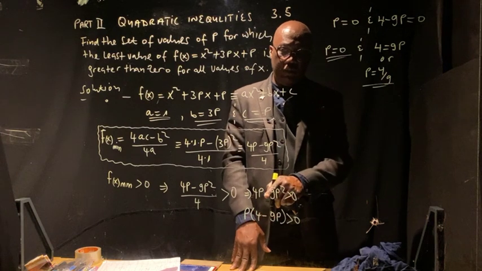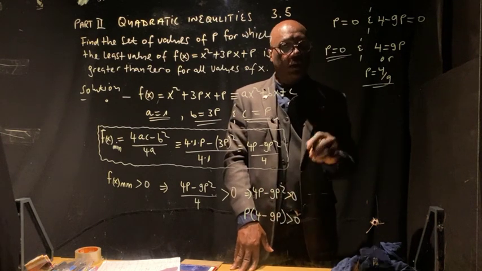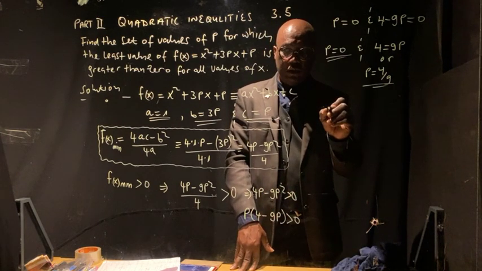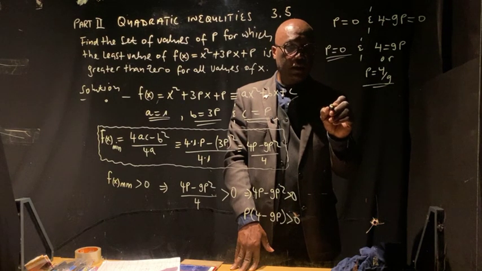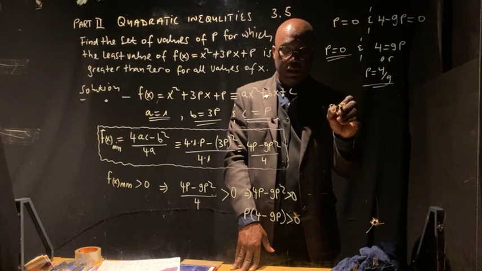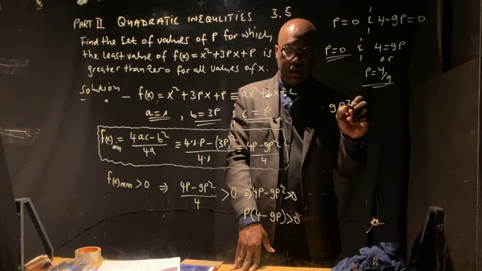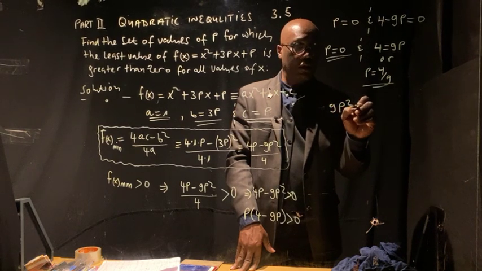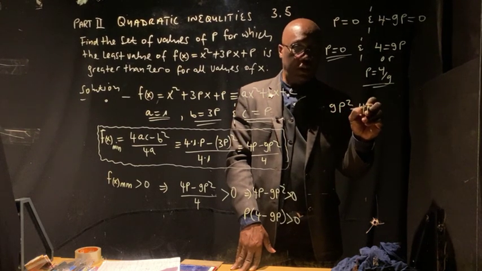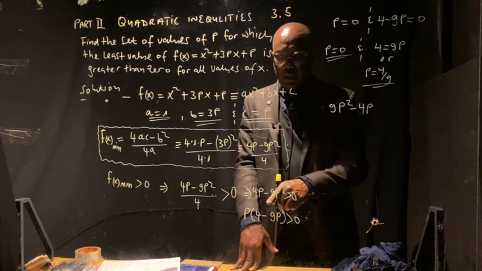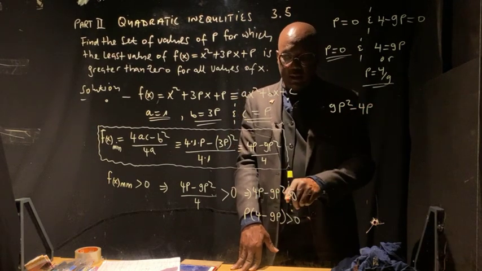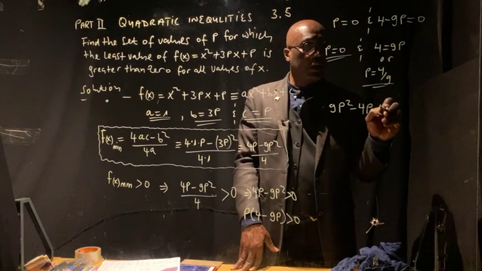So if we multiply both sides by -1, we have 9p squared minus 4p. As soon as we multiply both sides by -1, this sign will change and it becomes this one.